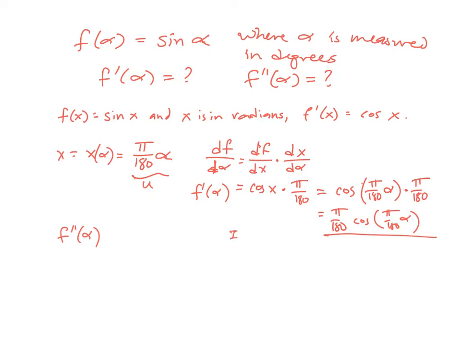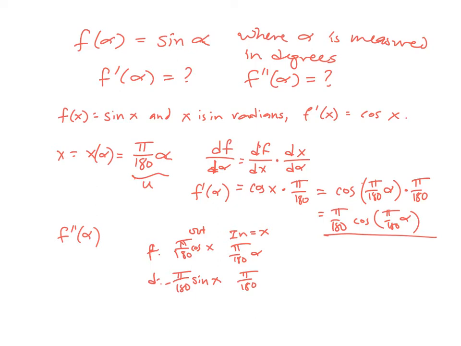Maybe I'll say the inside function is pi over 180 times alpha, and the outside function is pi over 180 cosine of x. So my derivatives would be pi over 180 times negative sine, so I make that negative. And the derivative of the inside function is just pi over 180.